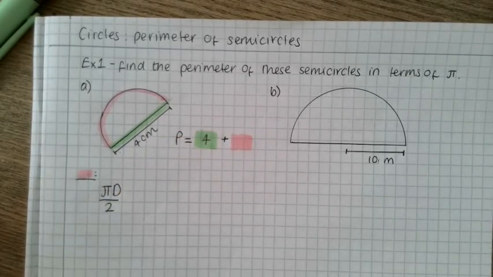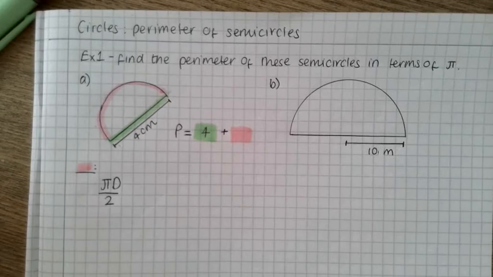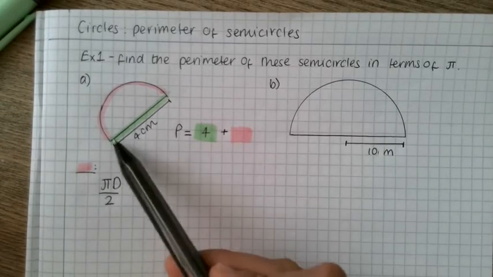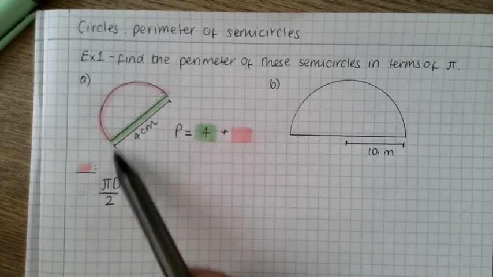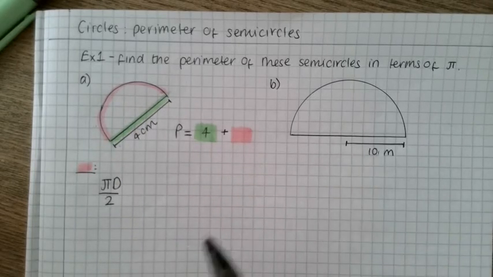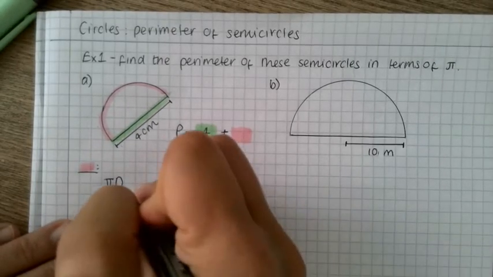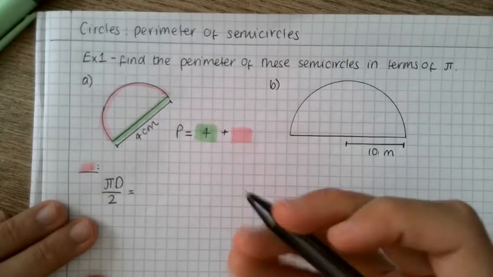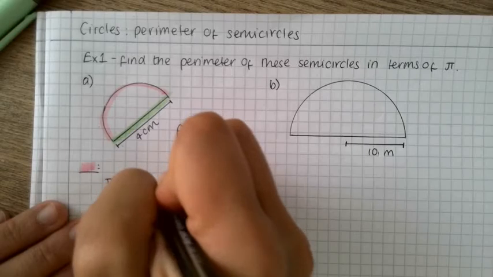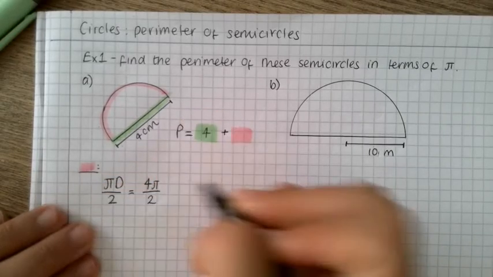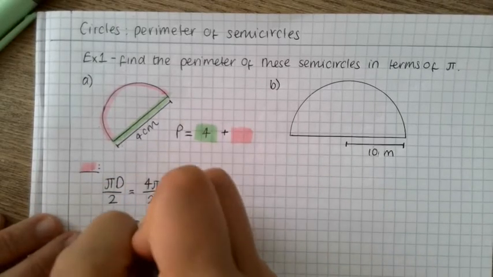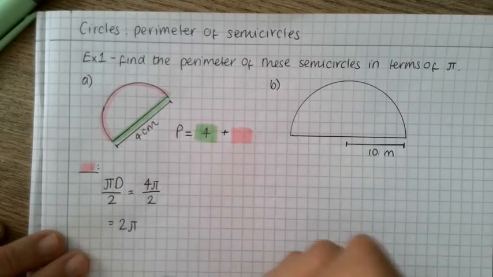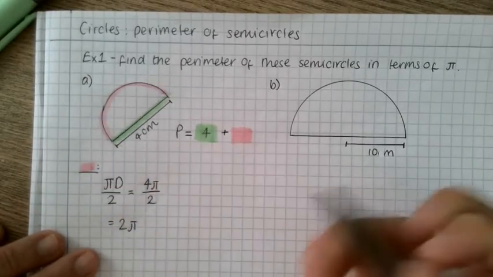Okay, because pi d is a full circle and we've got half of a full circle. Pi d gives us the length of the line around a full circle and we've got half of that. So pi d is pi times the diameter, and I can see the diameter here all the way across is 4. So I've got 4 pi over 2, which is equal to 2 pi. Because 4 divided by 2 is 2. So the length of the pink line is 2 pi.